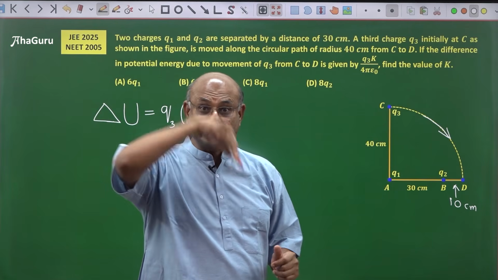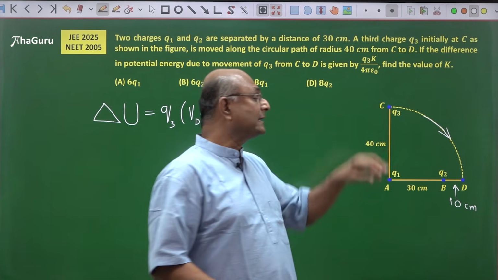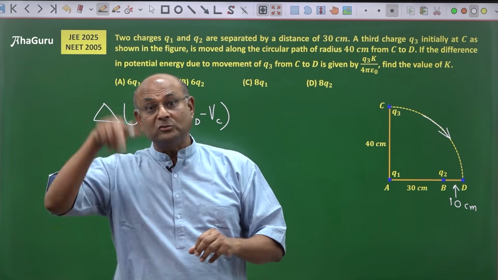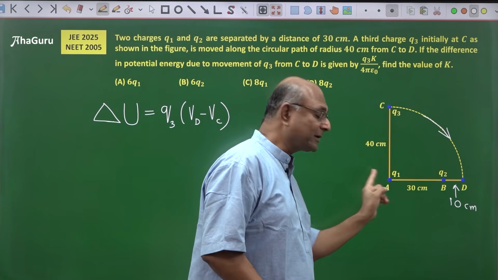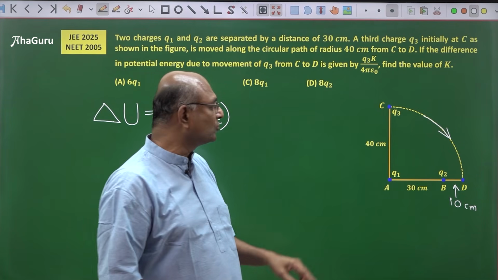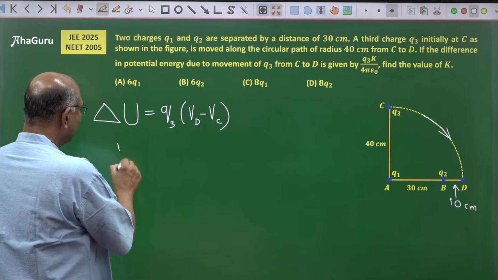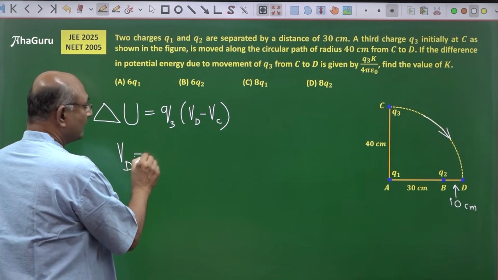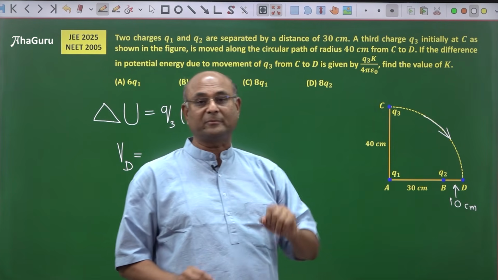If I bring another charge, then all three, Q1, Q2, Q3 will create the potential at each point that the new charge will feel. But right now Q3 is moving, so Q3 is going to feel the potential produced by Q1 and Q2. So when I say potential at D, you should not take Q3's contribution. You should only take Q1 and Q2's contribution.